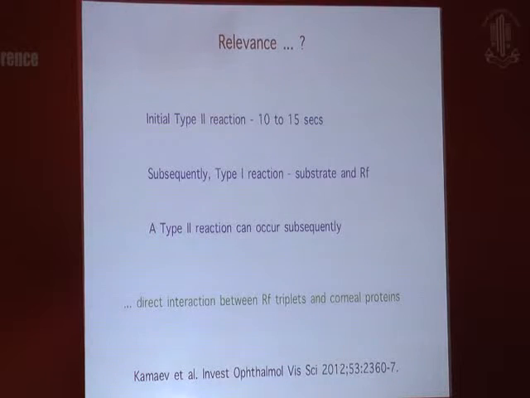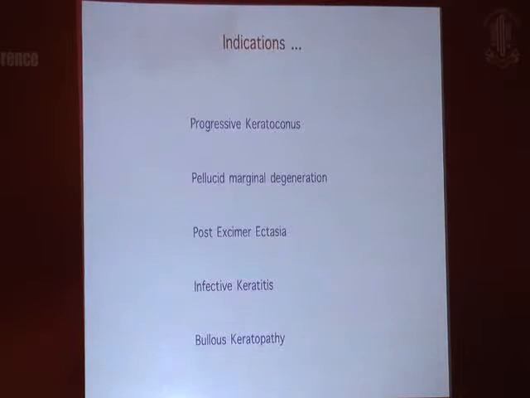In about 10 to 15 minutes, there is sufficient reaccumulation of oxygen that you can have a second burst of a type 2 reaction. So if you do believe that the type 2 reaction is the most important part of the process and that oxygen is required for the stromal cross-linking, then it makes sense not to reduce the time of treatment excessively.